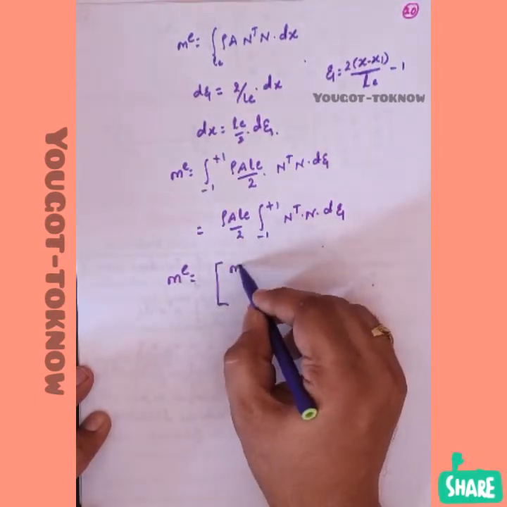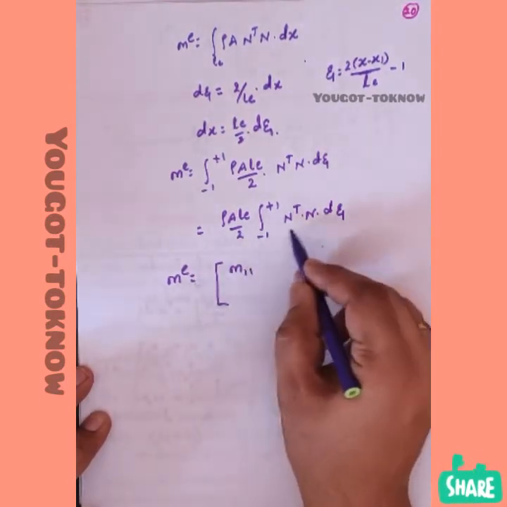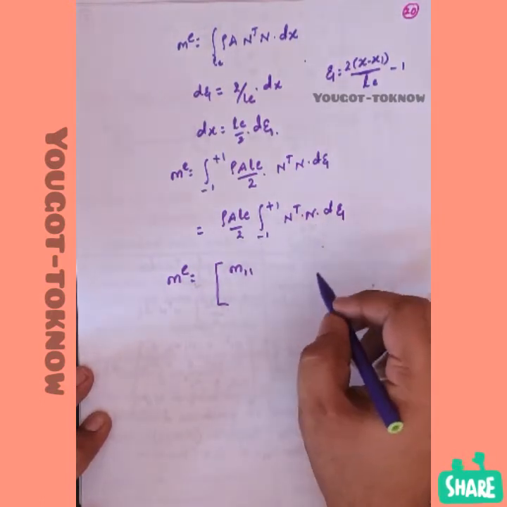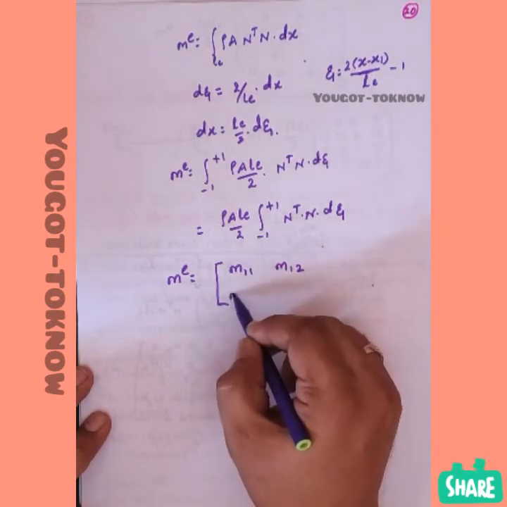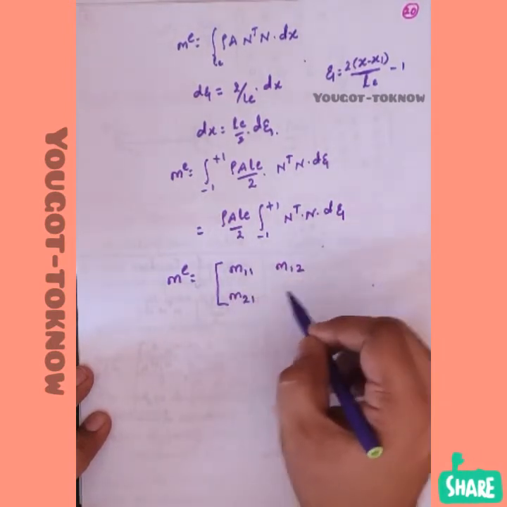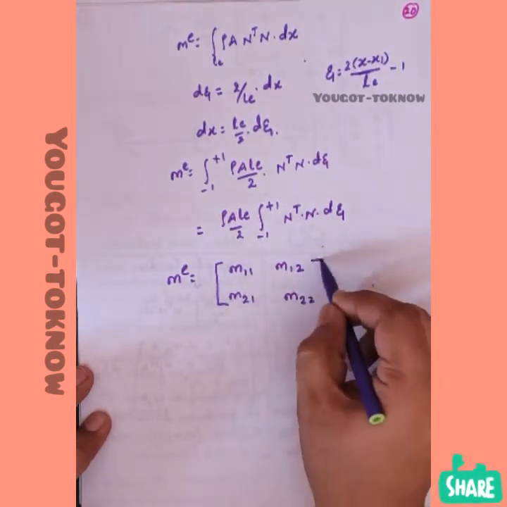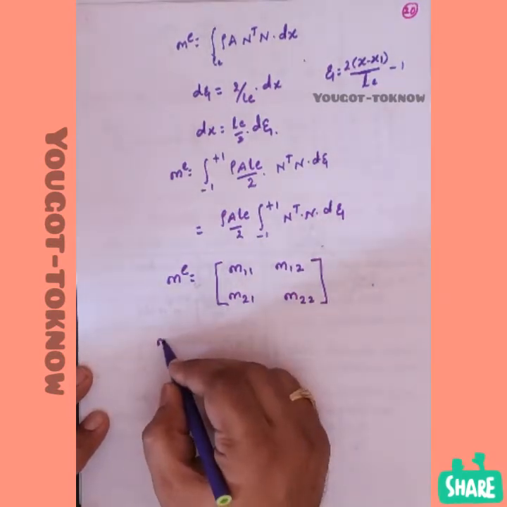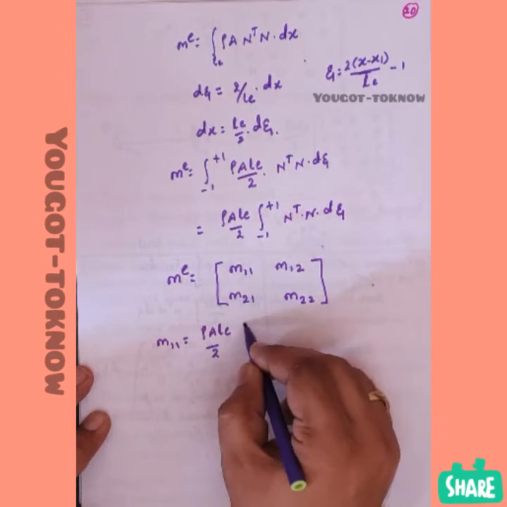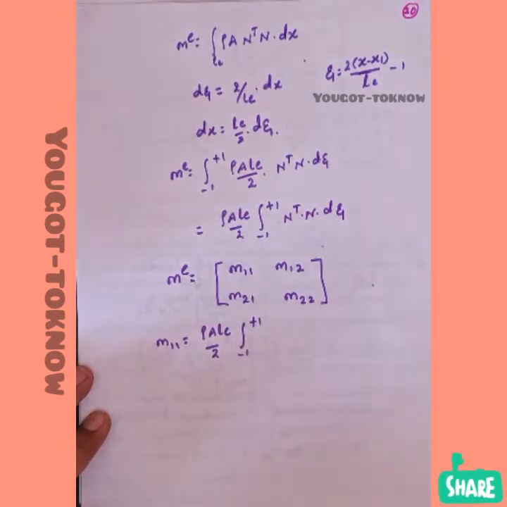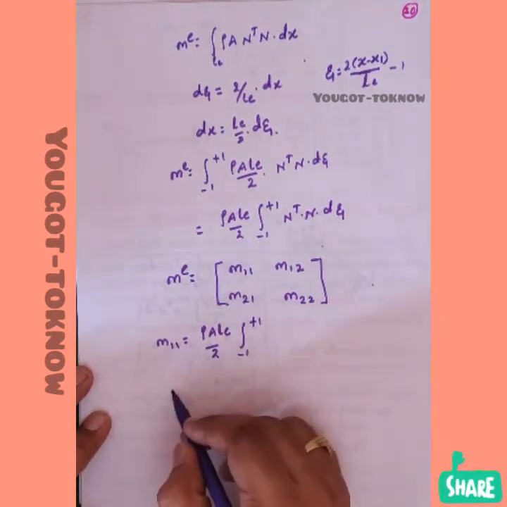I will write it like this also. This will be m11, m12, m21 and m22. For example, if you take two nodes, what is the order of the matrix? 2 cross 2. Now m11 is very simple. m11 equals rho A le by 2, integral from minus 1 to plus 1 of N transpose N d zeta. What is N for your bar element?